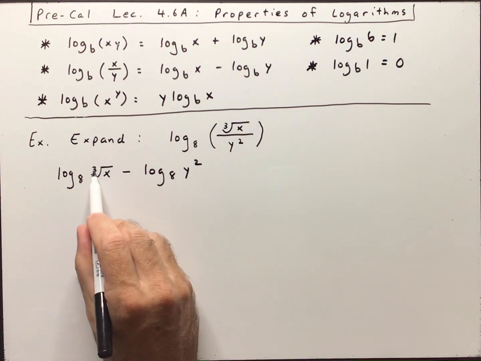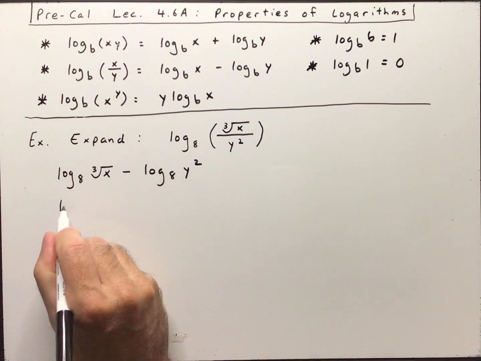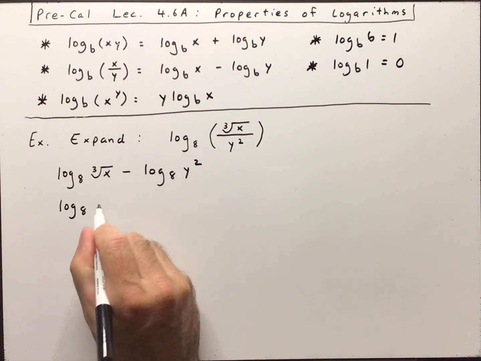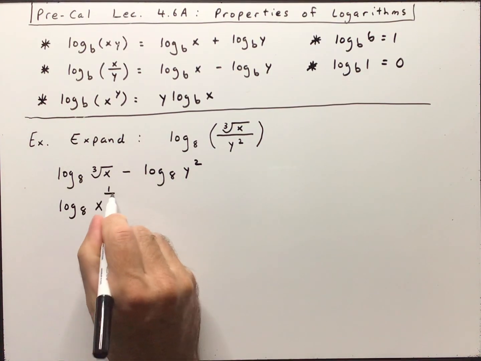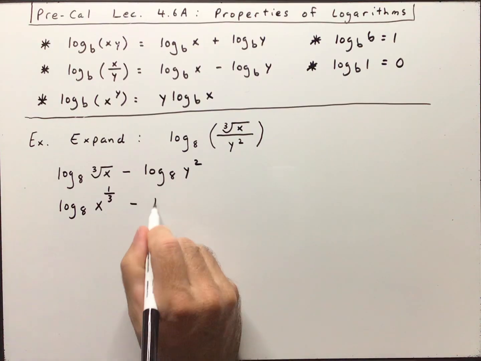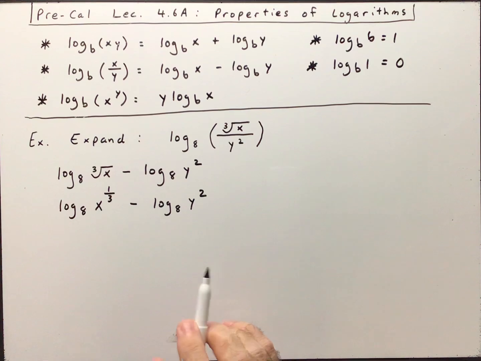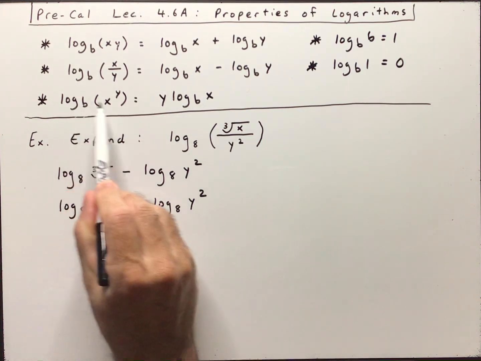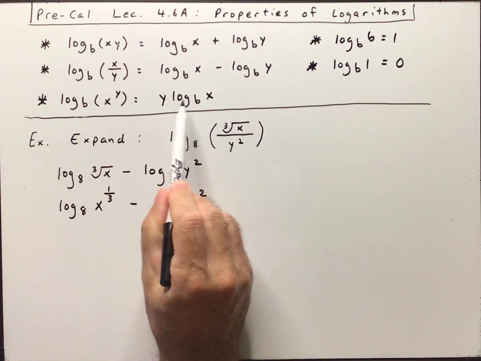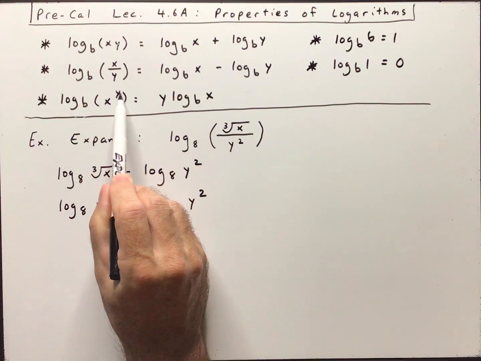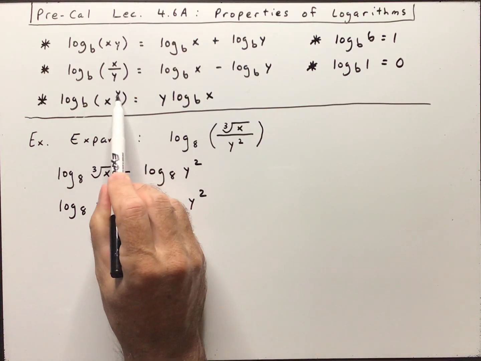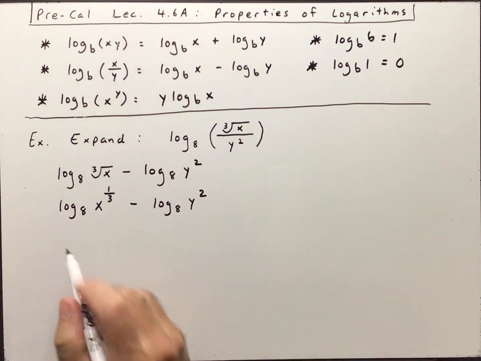Now I want to rewrite the cube root of x. This is log base 8 of x to the 1/3 minus log base 8 of y squared. And so now we can use this third property we have here. When you raise what you're taking the log of to a power, you can bring that power out front as a coefficient.